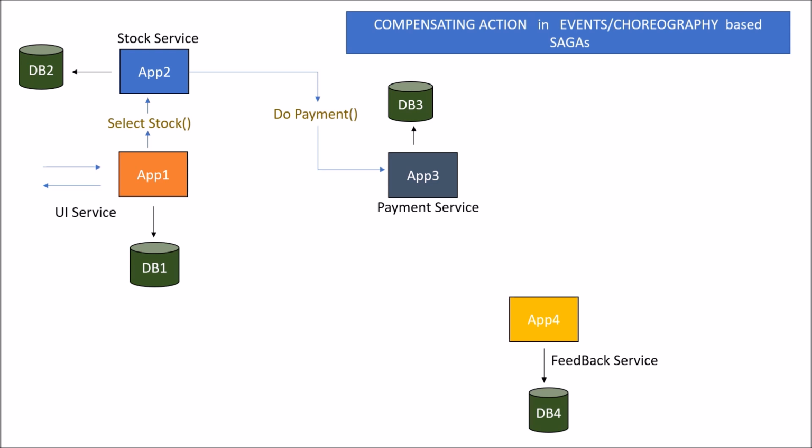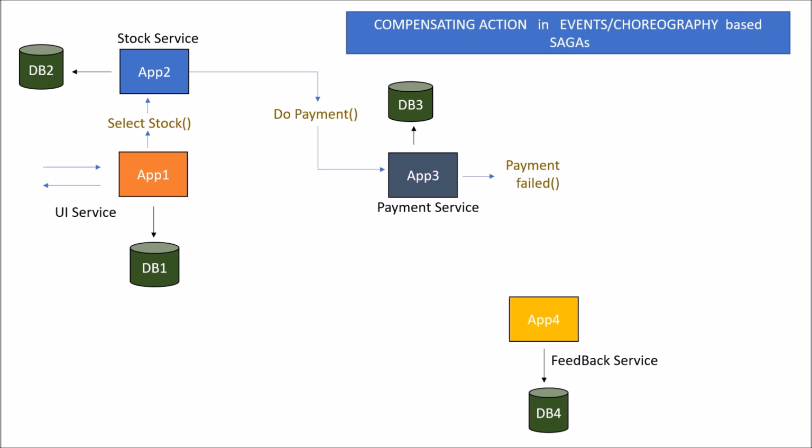So let's assume here at the payment service your money is deducted, but due to some reason the transaction failed. So the payment service will generate an event called payment failed. Now as the money has been deducted from your account and the payment has also failed as an event, right?